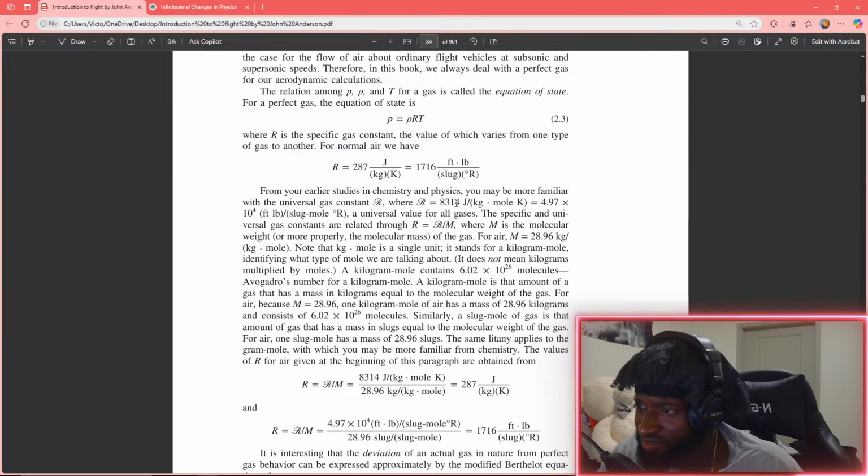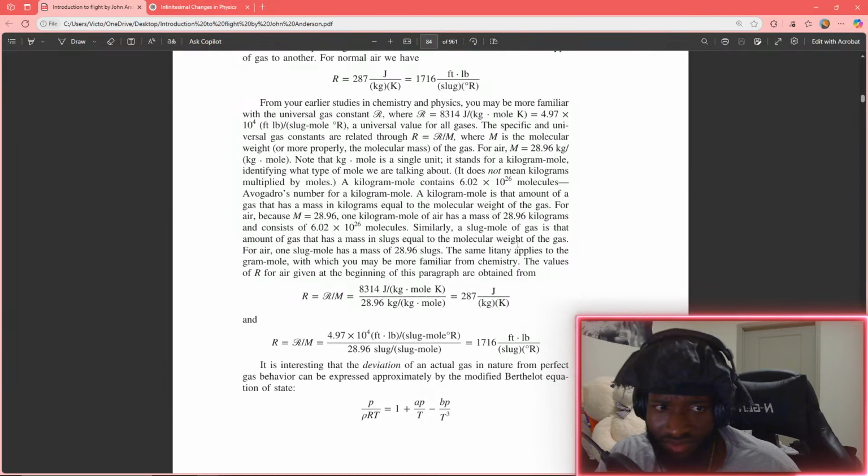Is that what you mean? The chemistry formula with the universal gas constant R, where R is equal to 8314 joule per kilogram mole Kelvin. Yeah, okay.